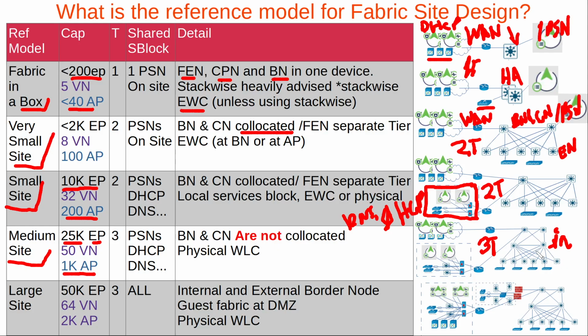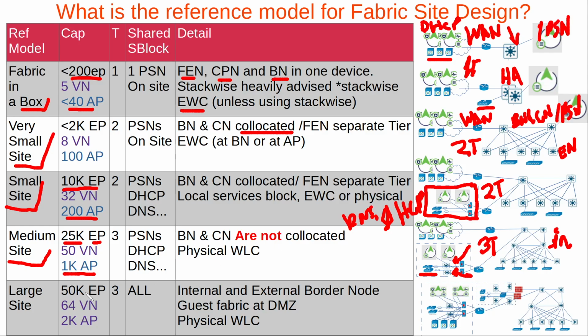And we are also going to separate the control nodes, and we have the control nodes existing in our shared services block now. And we will need a physical wireless LAN controller.